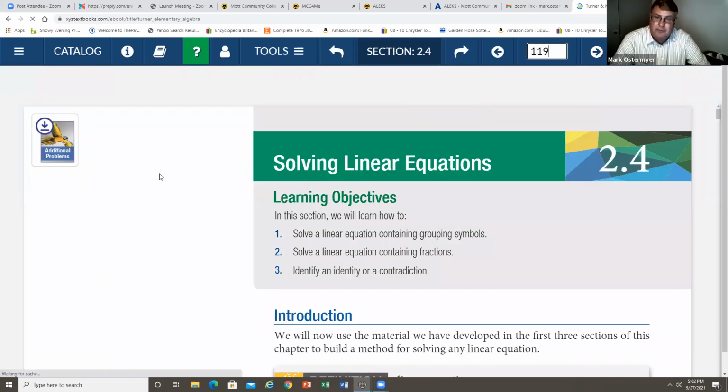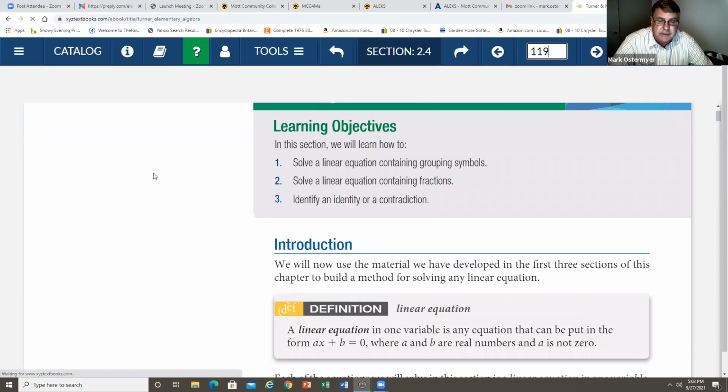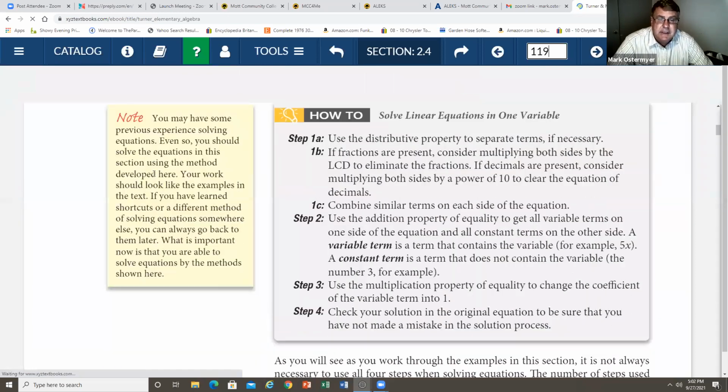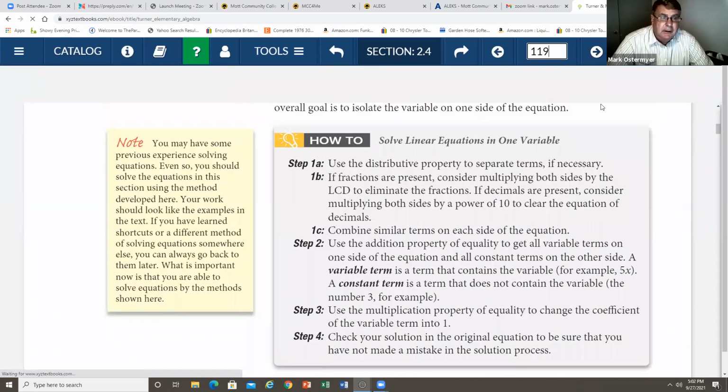We're going to solve more general linear equations today. On page 119, here is a shaded box that consists of guidelines as to how we should approach more advanced linear equations.